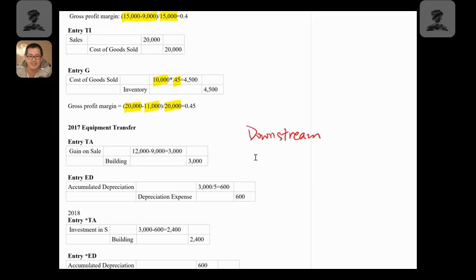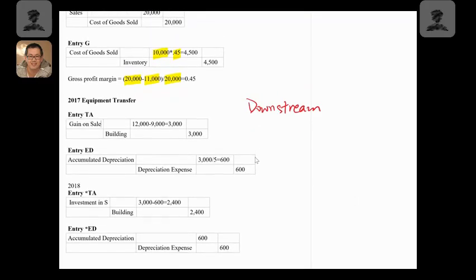So that's entry TA, and the second entry is entry ED. Because the building is overstated, there is overstated depreciation expense associated with it, so we need to reverse that. The depreciation expense for the year equals the overstated amount divided by the remaining life. Assume that they are using the straight-line method.